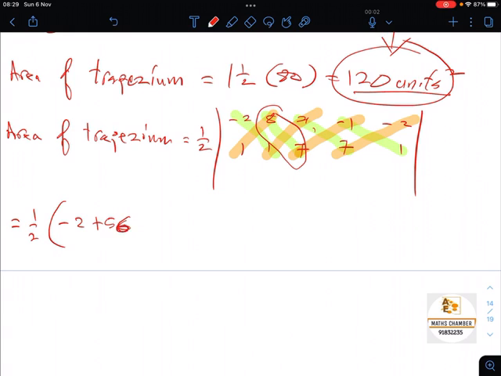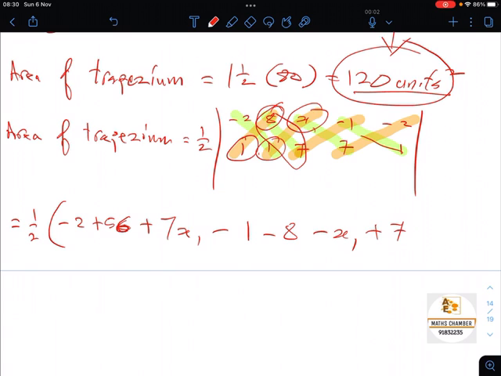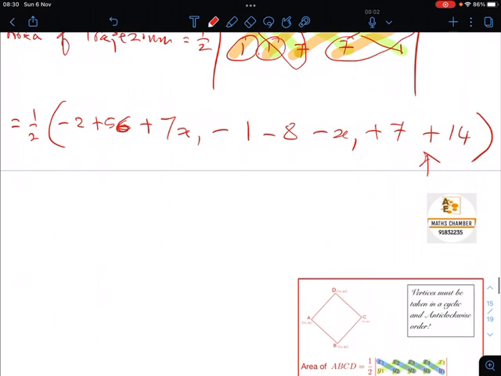Plus x1 times 7, so 7x1, minus 1, then minus 8 times 1, so negative 8, then 8 and x1 is positive x1, multiplied by negative 1, so negative x1 plus 7, right, and plus 14, because 7 and negative 2 is negative 14, multiplied by negative 1 gives you positive 14, don't forget. After that you should get half here.